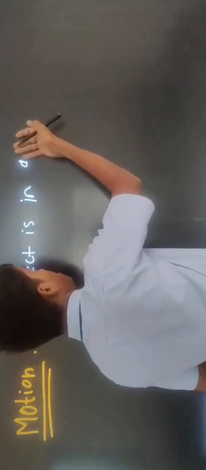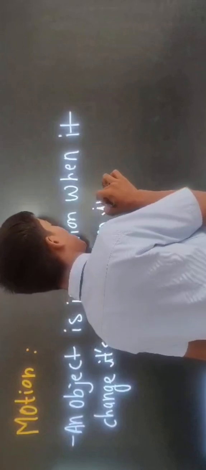So first of all, what is motion? An object is in motion when it changes its position from initial to final position.